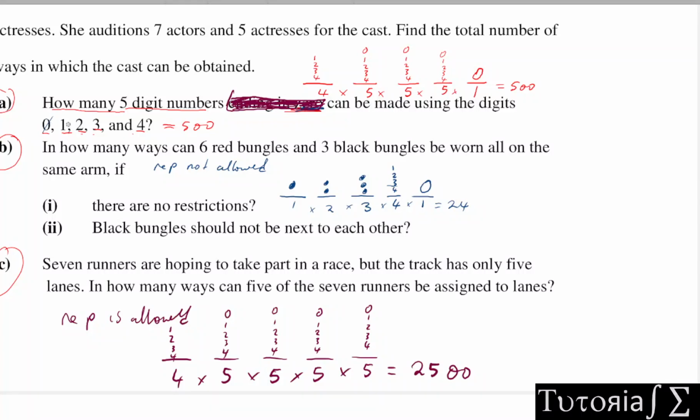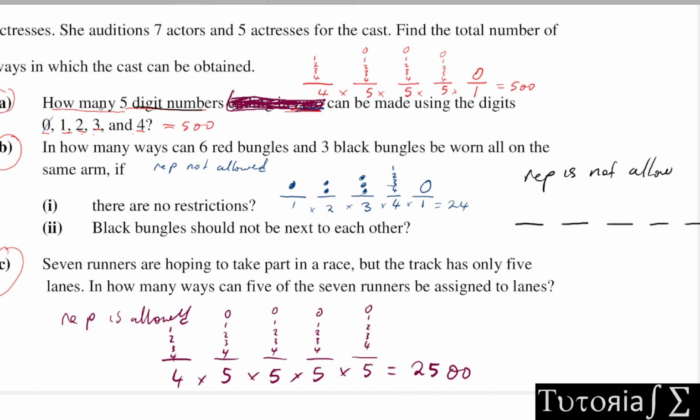Okay, so for the same question, we can also look at how many 5-digit numbers can be made using the digits like this, if repetition is not allowed. So if repetition is not allowed, we need 5 slots, 1, 2, 3, 4, 5.